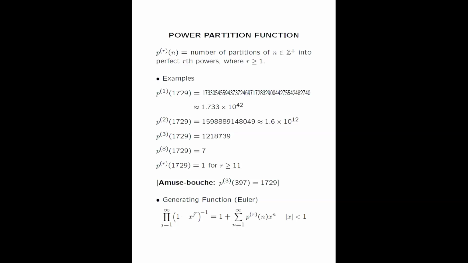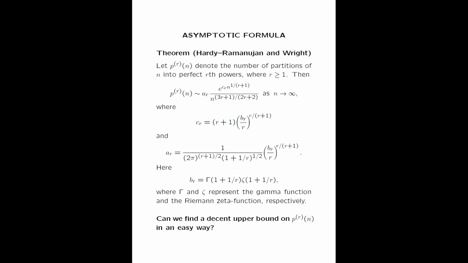At the bottom, we have the generating function for the power partition function, which, of course, is again by Euler. Here is the asymptotic formula for P super r of n. It was stated by Hardy and Ramanujan, but as far as I know, they never proved it, at least not in print.